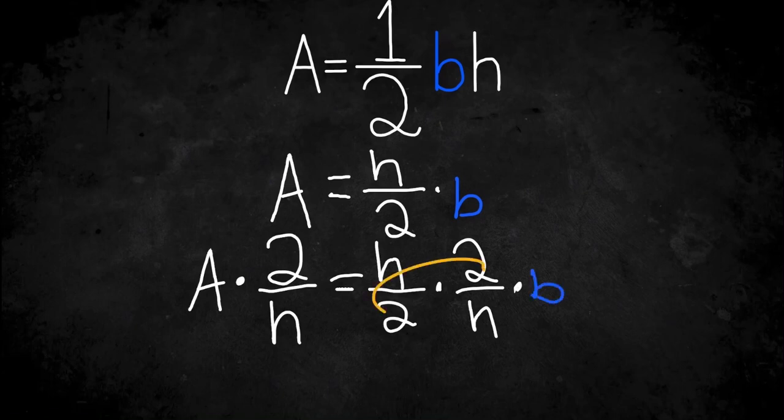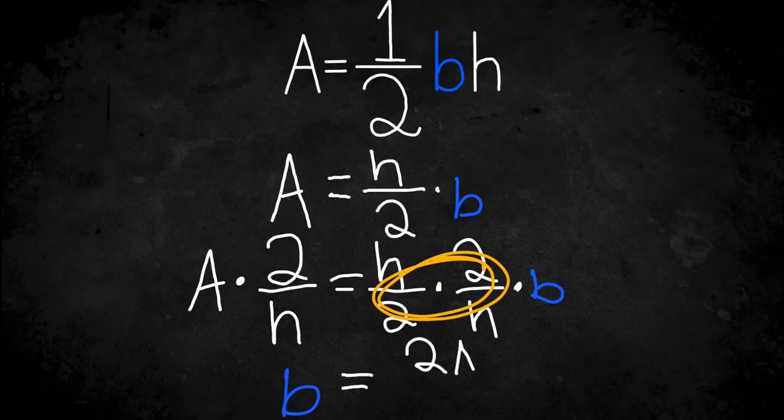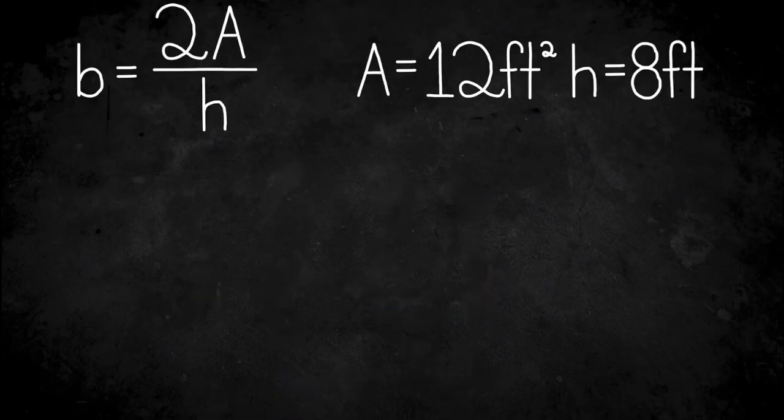Now this would equal 1, so we have that b equals 2A over h, as we have here.